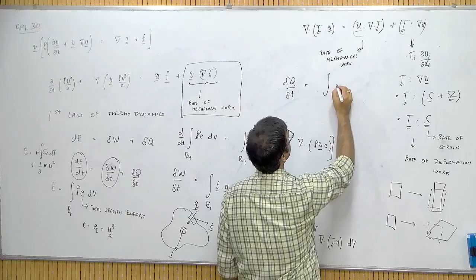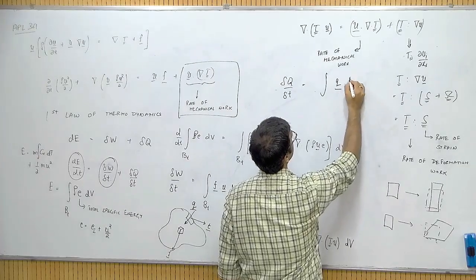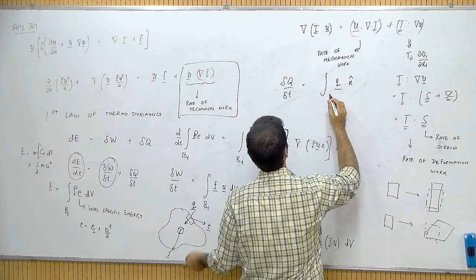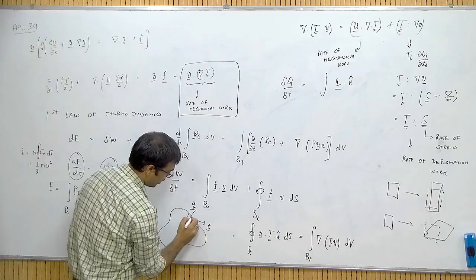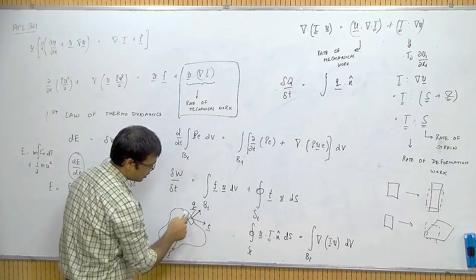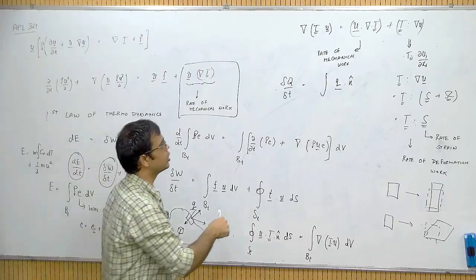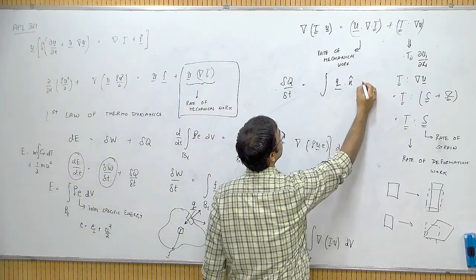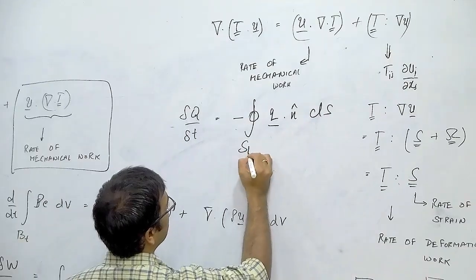So this becomes Q dot N. You have N that is opposite. Q is taken as positive when it is going inside the fluid element, so this basically means it has to be with a minus sign like this.